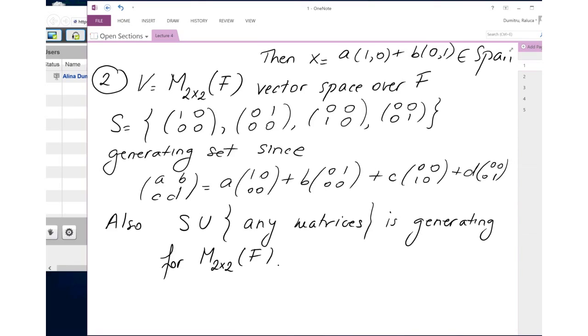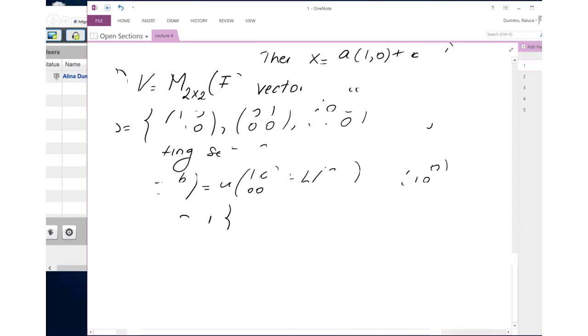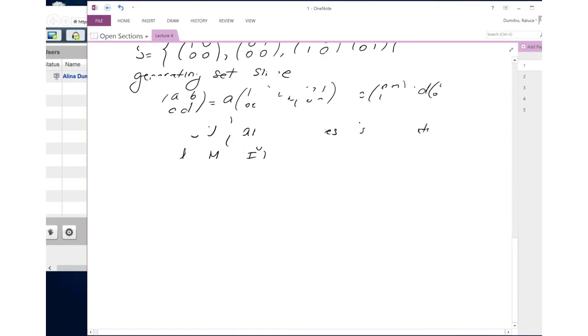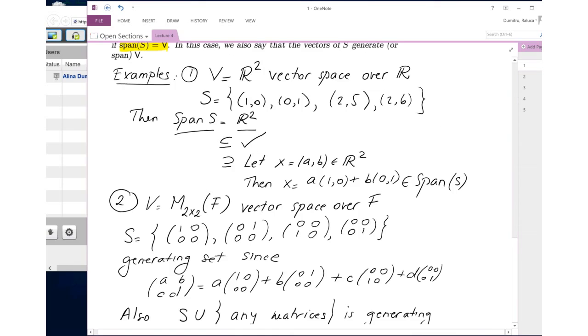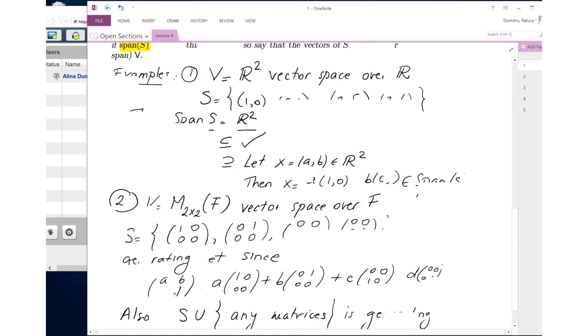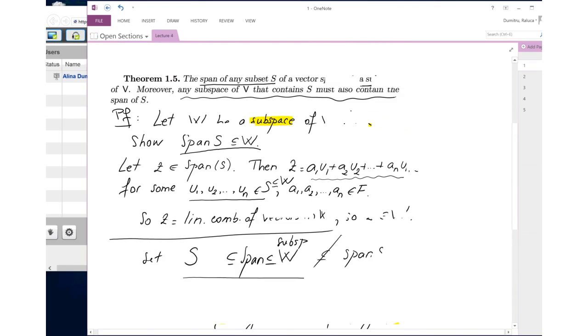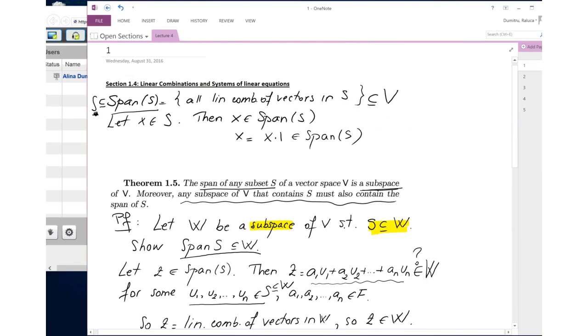Okay, but we'll see more of this in the next section with the basis. There are still a couple of things that I want to say about the span of a set of vectors before we move on. So far, again, we've seen that the span of a set of vectors will always contain the set, right? That's one thing.